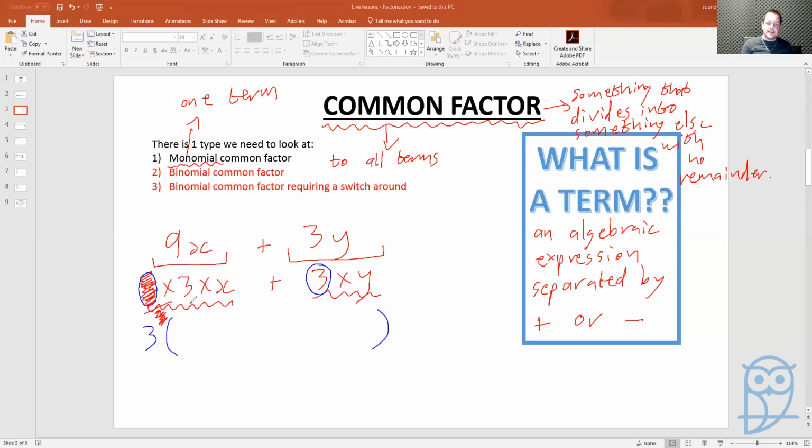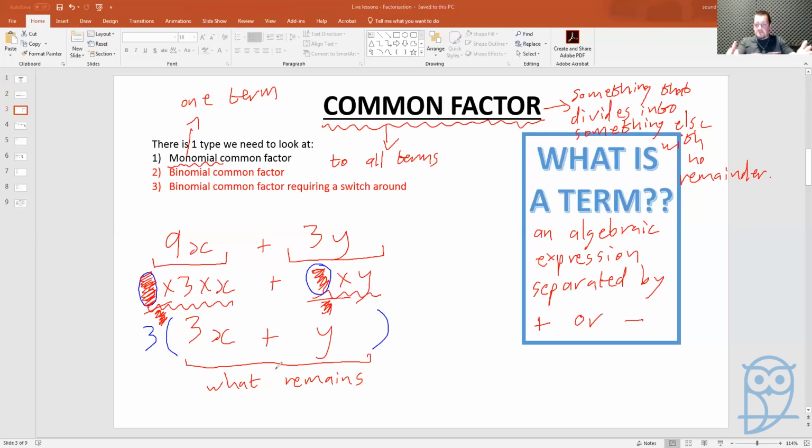And then what am I left with? I'm left with a 3x. Okay. So in this bracket, I'm going to be writing what remains? Again, I'm going to divide by 3. They cancel. And I'm therefore left with a plus and a y.